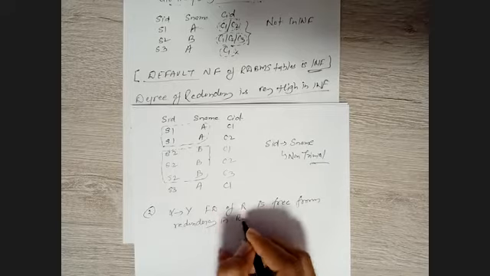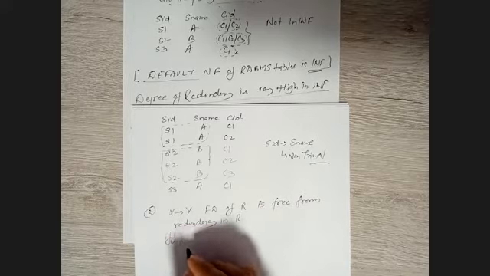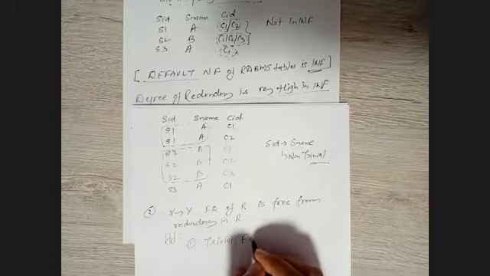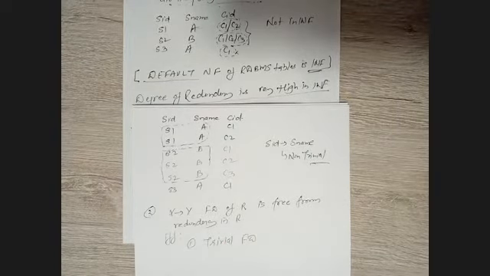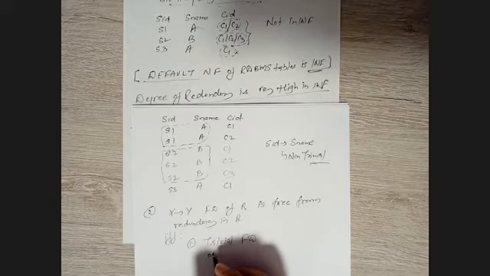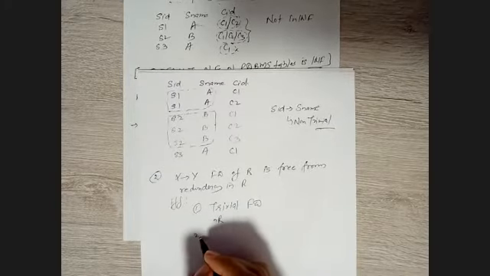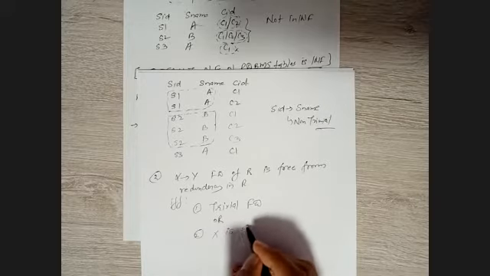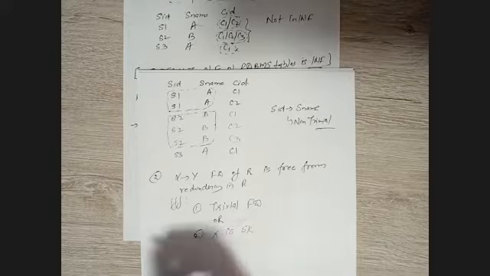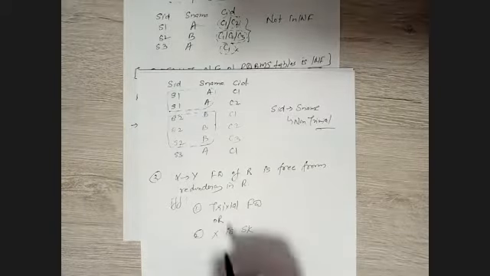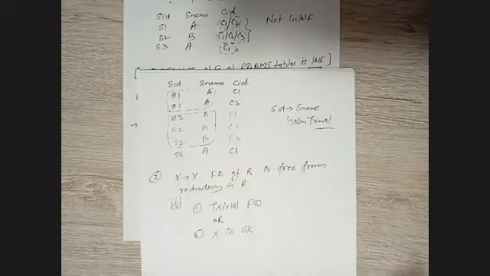If we make X a super key, then it is not redundant, because the super key can identify all the other attributes.